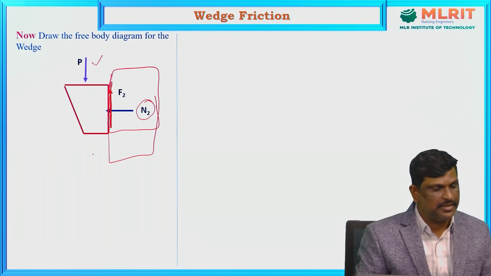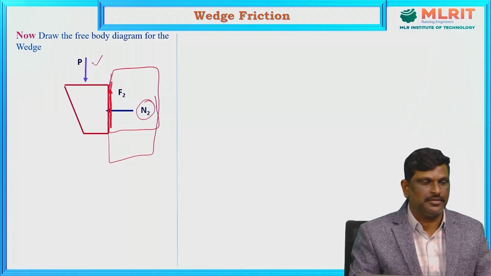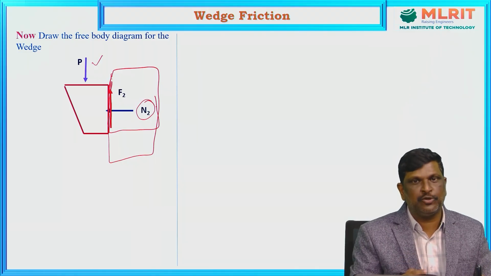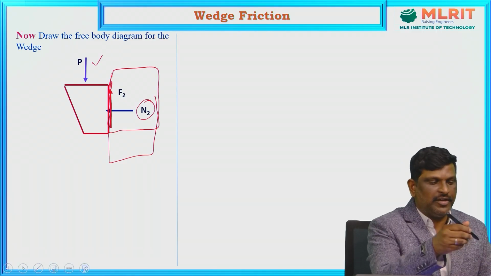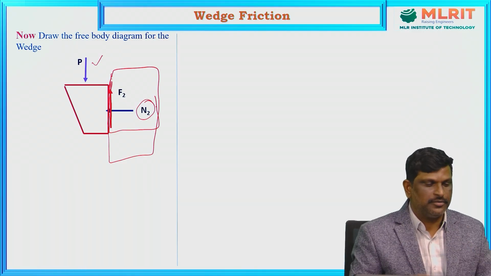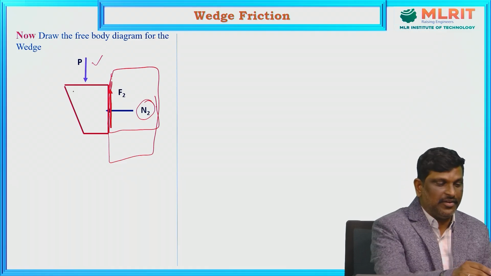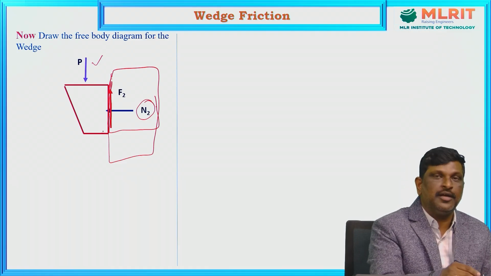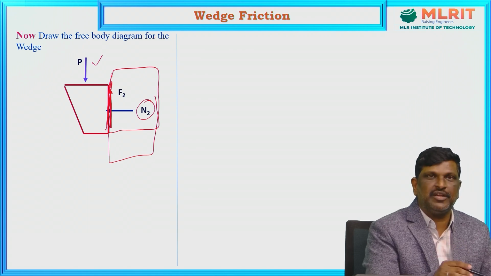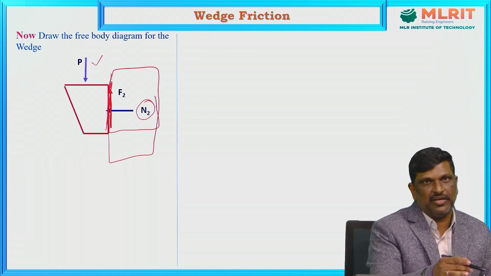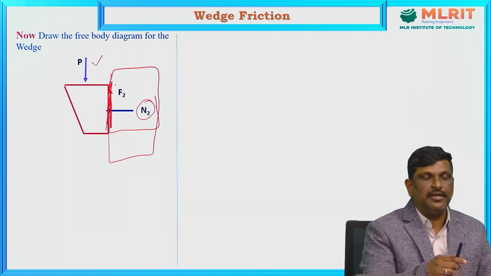In this case, it is easy to consider the direction of friction, because the body is actually tending to move. When the force is applied downwards, definitely that body will move downwards, in the direction of the force. Therefore, at the contact surface, friction will be opposite to the motion of the wedge. So the wedge is moving downwards, friction will be in the upward direction.